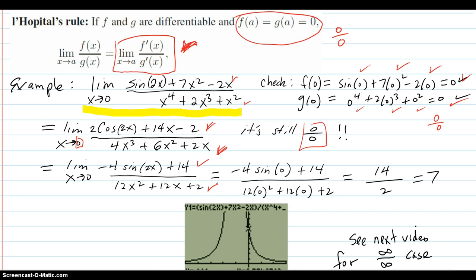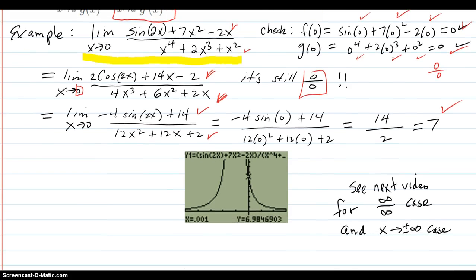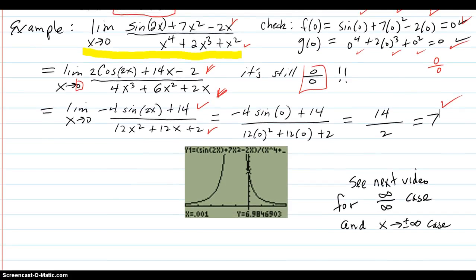Now you plug in the 0, and you arrive at 14/2, which is equal to 7. Then I provided a graph out of the TI here, just to show that as x went close to 0, the y values did seem to approach 7.